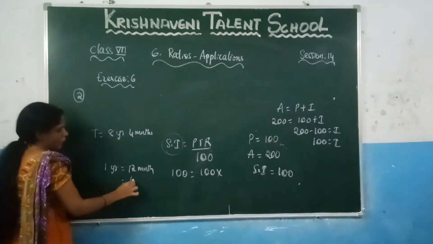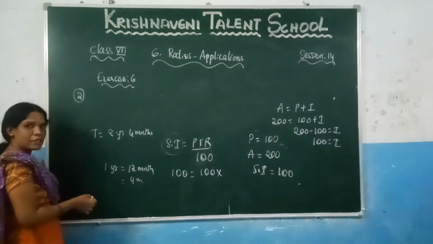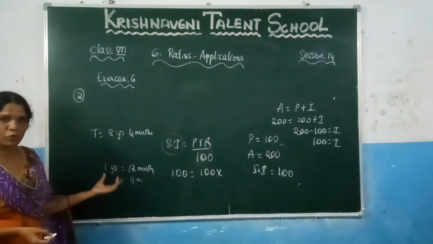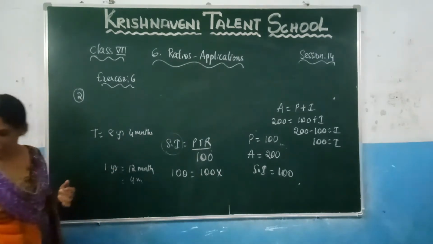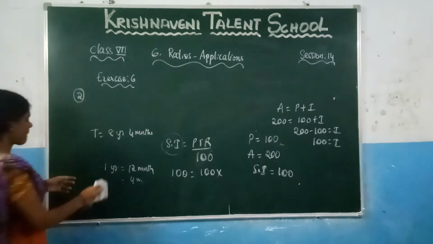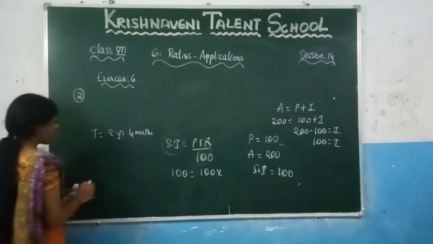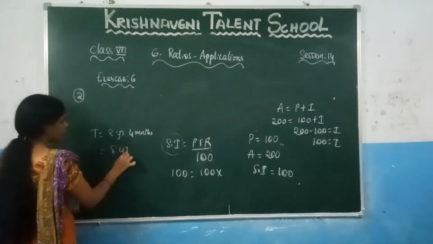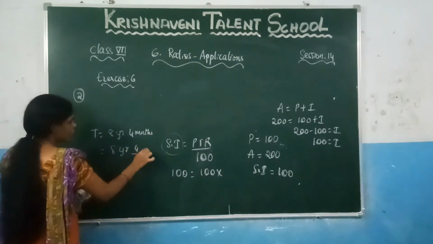Now, for the 4 months, how can you write it in the form of years? It is 4 by 12. So you can write 8 years and 4 by 12.